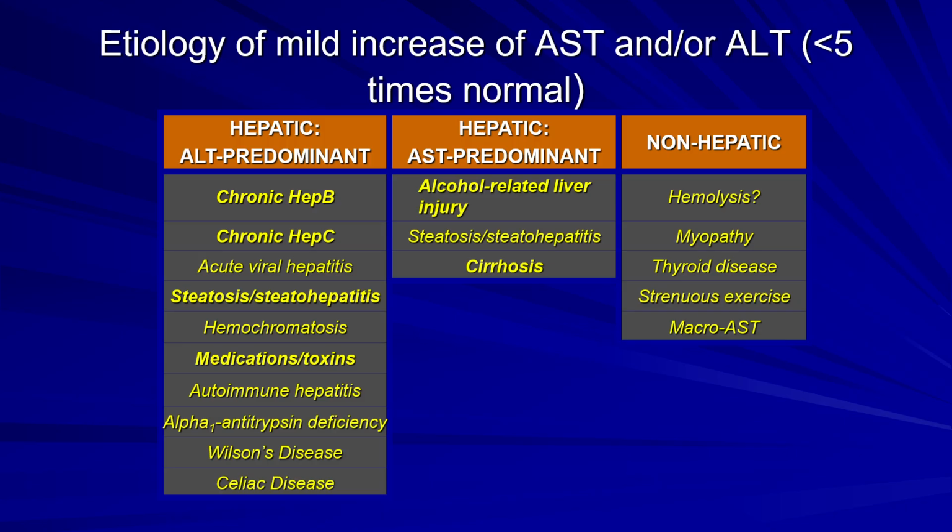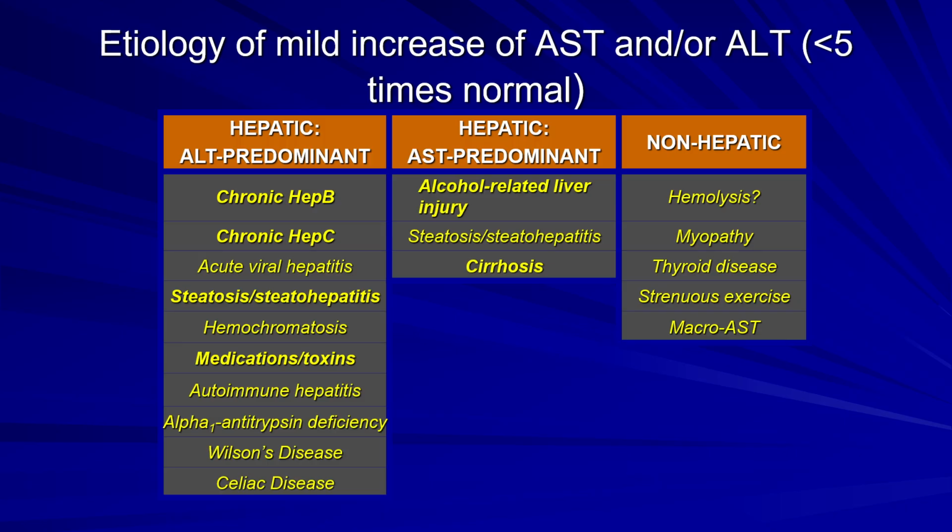So the common hepatic causes of ALT predominant increase in level, or mild increase in ALT, the common etiologies include steatosis, fatty liver, steatohepatitis, meaning non-alcoholic steatohepatitis, chronic hepatitis B, chronic hepatitis C, and drug intake.